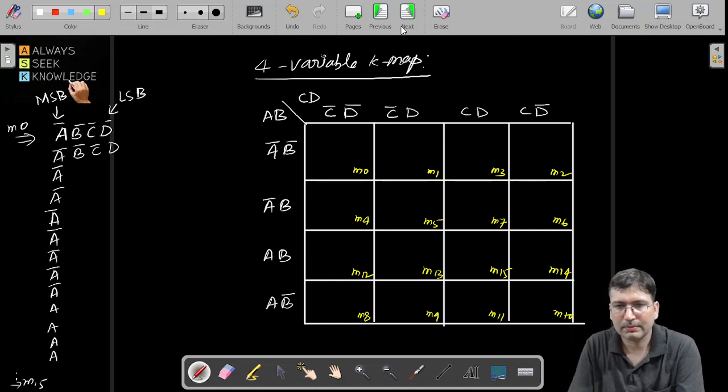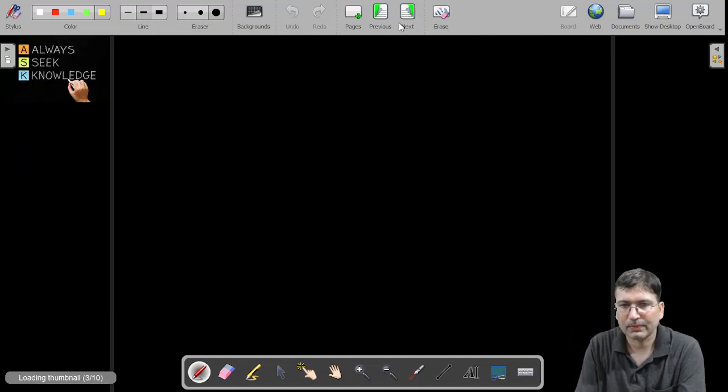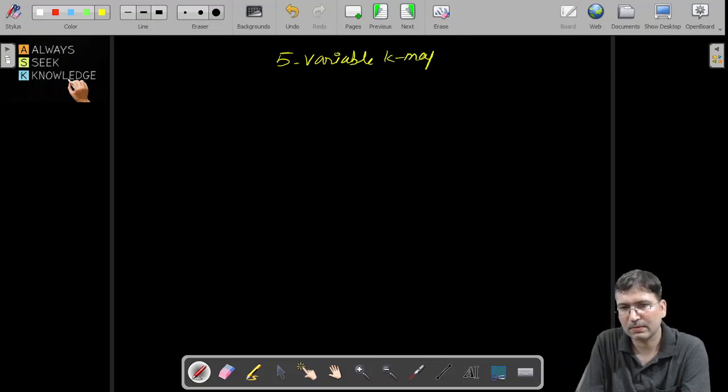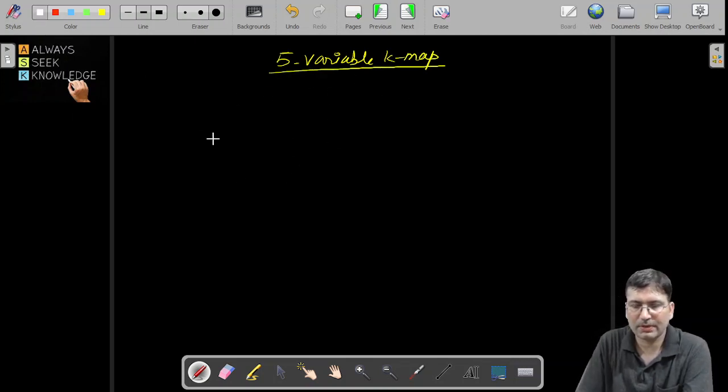Now let's consider if we are having 5 variables. How can we construct the 5 variable K-map? In case we are having 5 variables, there will be 32 combinations, 2 to the power 5, right?